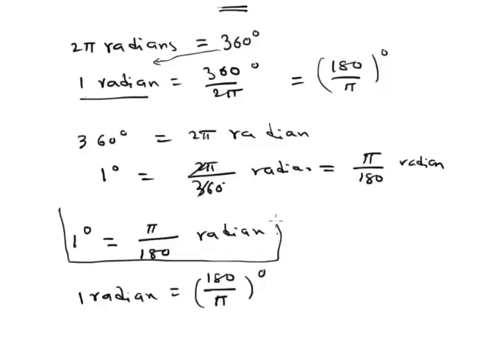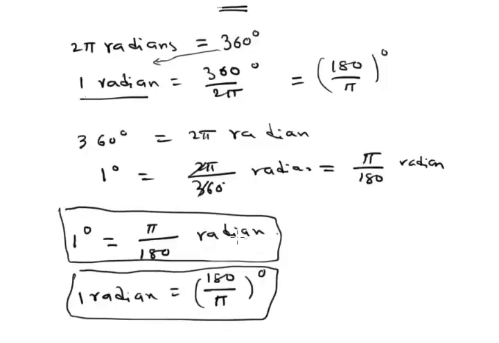These are the two relations we will use to convert from degree to radian or radian to degree. Remember, 1 degree equals pi divided by 180 radian, so from degree to radian, pi is above. And 1 radian equals 180 divided by pi degrees, so from radian to degree, pi will go in the denominator, that is, down.